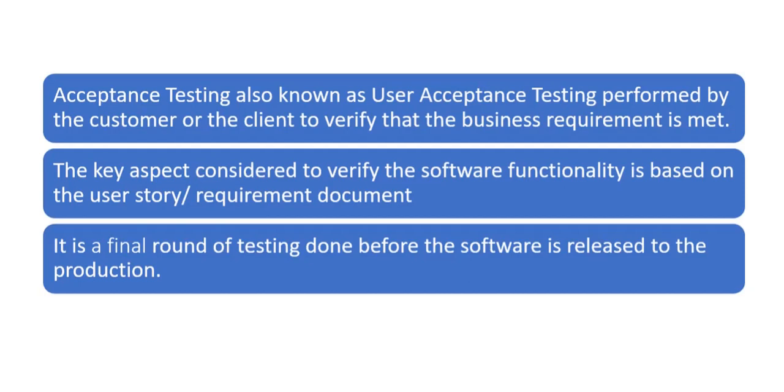If I agree, then only it will go to production. Otherwise, if I say that something is not working as per my expectation, I'll again come back to you asking for changes. You have to make the changes, perform the QA validations again, and finally come back to me for acceptance testing. That is the flow you can understand.